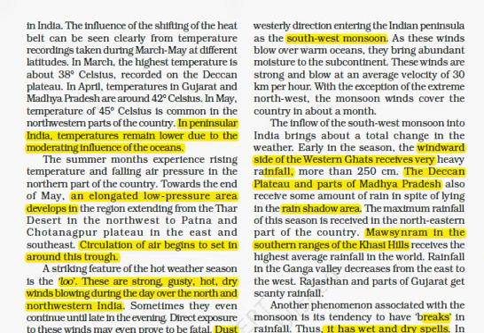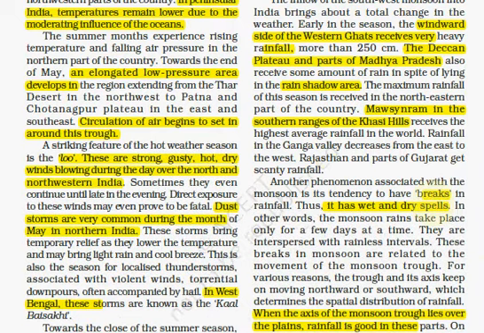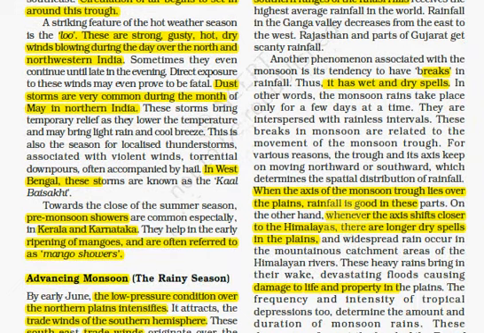Then there is one factor which is called break of monsoon. This phenomenon causes dry spells in the monsoon. It is the effect of the axis of the monsoon trough moving from north to south. Whenever the axis of the monsoon trough lies over the plain, rainfall is good, and whenever the axis shifts closer to the Himalayas, there are longer dry spells in the plain.